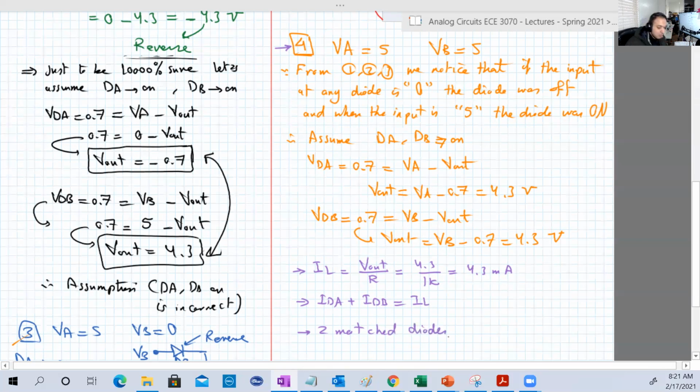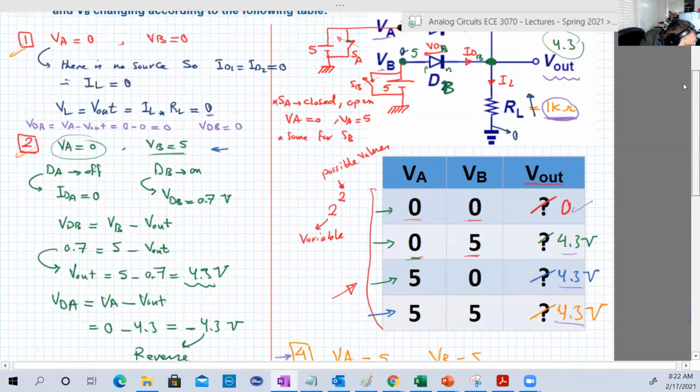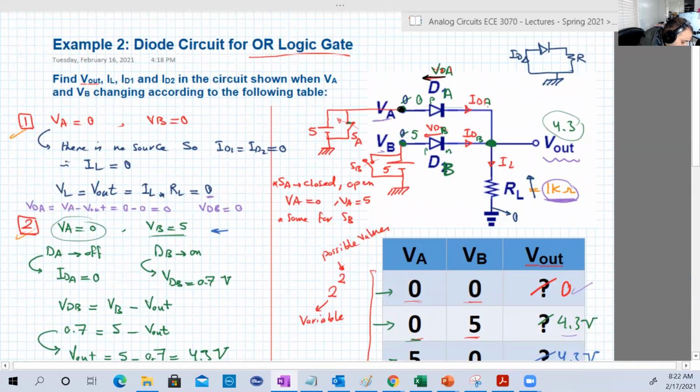If you have two matched diodes with the same voltage drop, the same VD, then you will have the same current, because they are in parallel, and there is no preference for this branch over that branch, or the opposite.